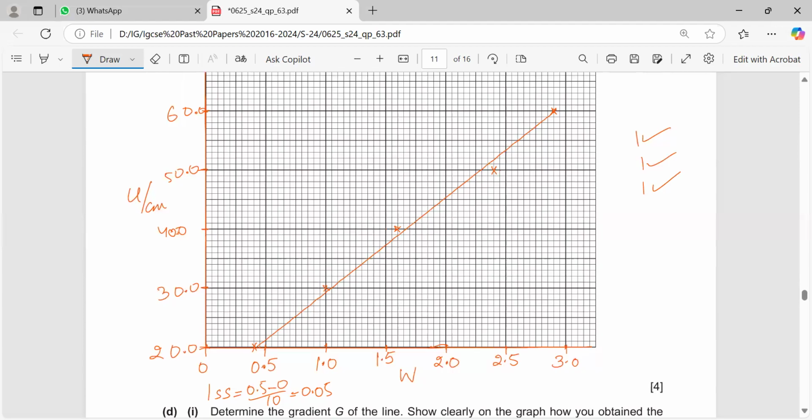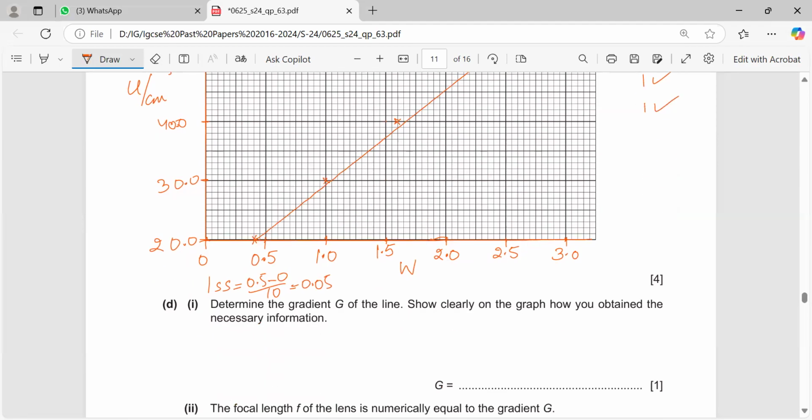This is the line of best fit. Two points are up, one is down, almost a well judged line. So this you score the fourth mark.